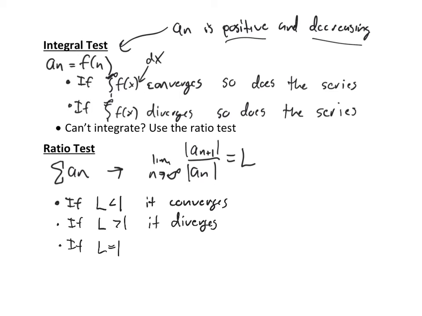If L equals 1, move on. We've proven nothing. So if you've gone through all this process and you've done the integral test, and you can't do that because you can't integrate, and you do the ratio test, and you get 1, then we've got one last place to go.